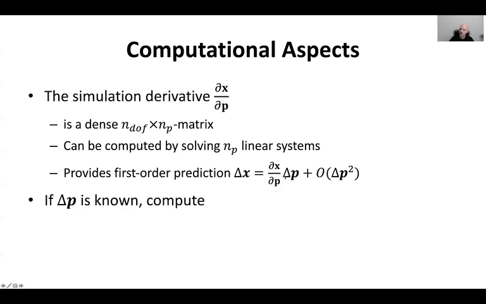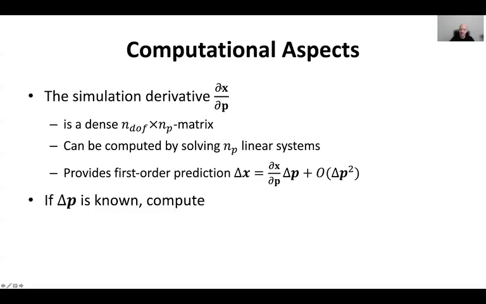And what we've seen on the previous slide is that in order to apply the implicit function theorem, we really need the system to be in static or later also dynamic equilibrium at all times. And in most cases, the first order prediction is not sufficient. We really have to reproject the system onto the manifold defined by force equilibrium, which means that we, in most cases, have to do a full nonlinear simulation to find a new point.